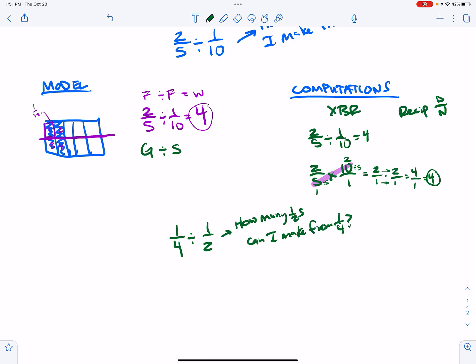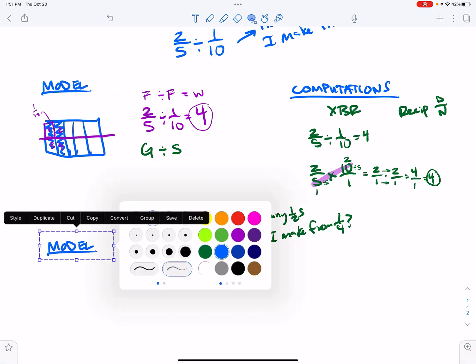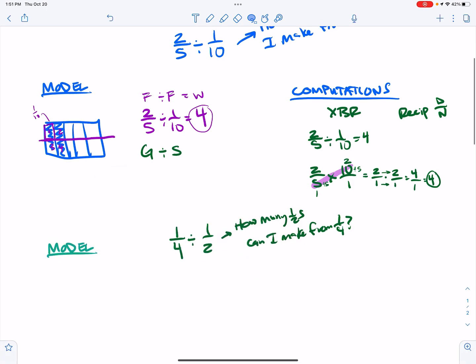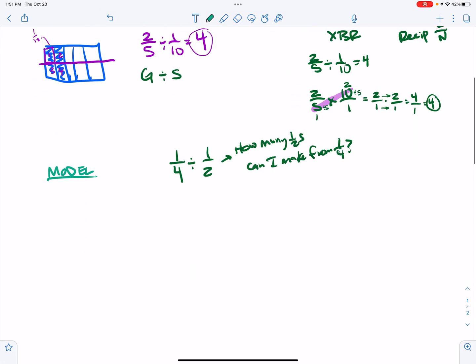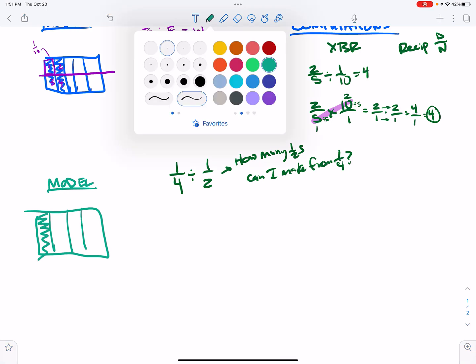So if we're doing our model again, I'm going to borrow that. And I would like a different color today. Let's make this one teal. Okay, so if we're going in that direction now, we have 1/4. And we need to see how many halves we can make from there.